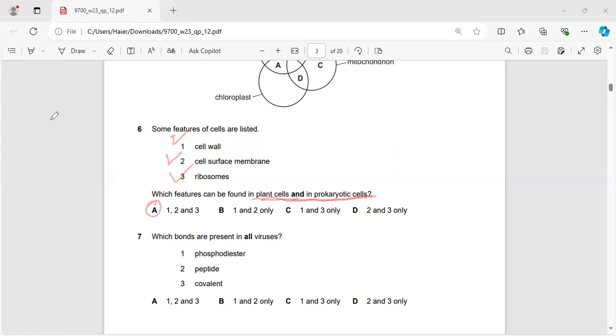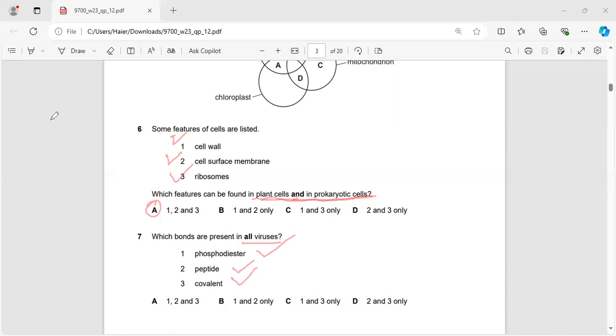Question number 7: which bonds are present in all viruses? In all viruses, you know, nucleic acid, DNA or RNA, is present, and protein is present, so a protein coat is present. Phosphodiester bonds are present in DNA and RNA, peptide bonds are present in proteins, and covalent bonds are also present.